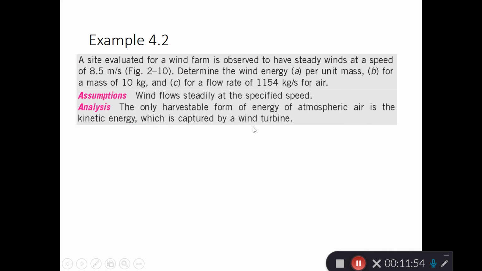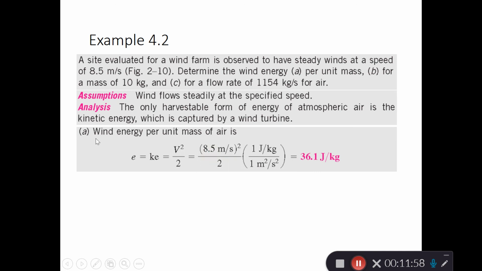So first we can calculate for A. The wind energy per unit mass is simply, now how do I know to use this equation? Because the only energy that is happening when the wind is moving is kinetic energy. So kinetic energy is half mv squared. Since we want per unit mass, it's just v squared over 2, or half v squared. So v squared is this divided by 2.